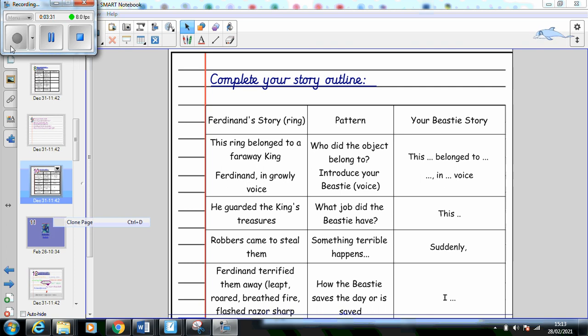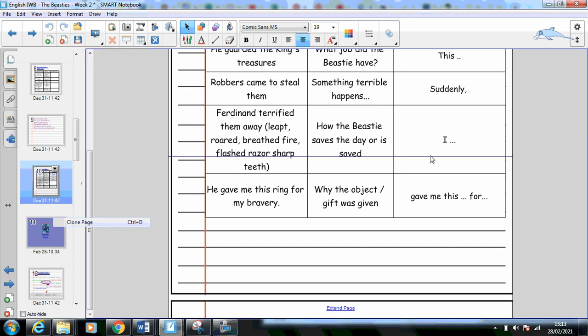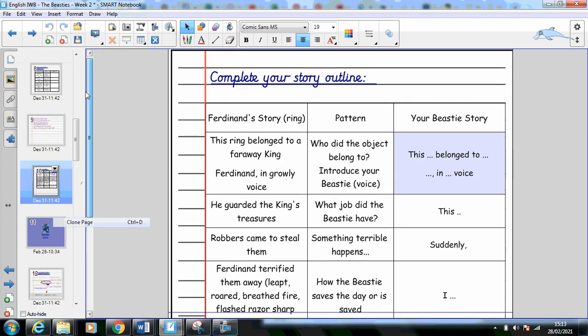The example I'm using is going to be a comb. So I'll say, this comb belonged to, oh, who could it belong to? The Unicorn King. So we've got the object, the comb, and who it belonged to, the Unicorn King.